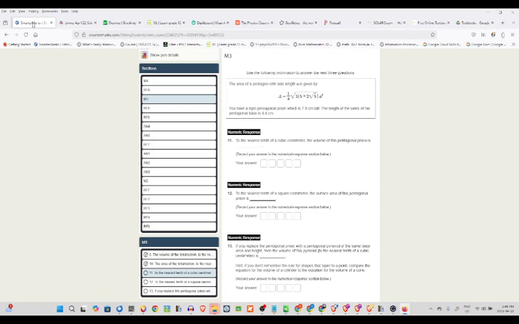So the volume of this prism, that's the area of the base times the height. The area of the base is 1 over 4 times the square root of 5, open the bracket, 5 plus 2 root 5, close that bracket, and then times our a squared, which is 4.4 squared.